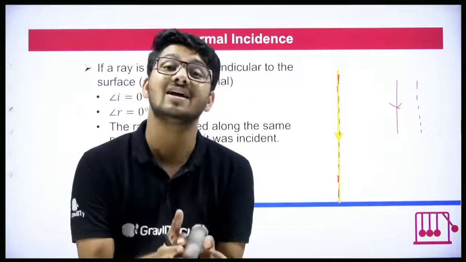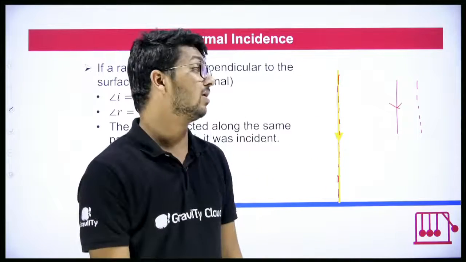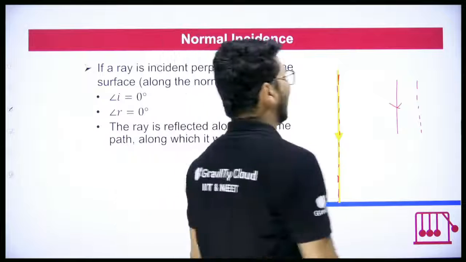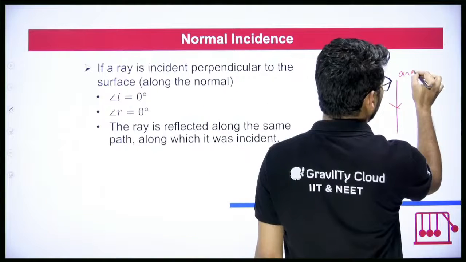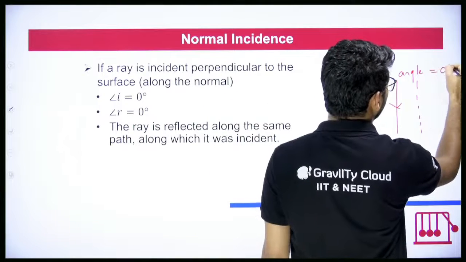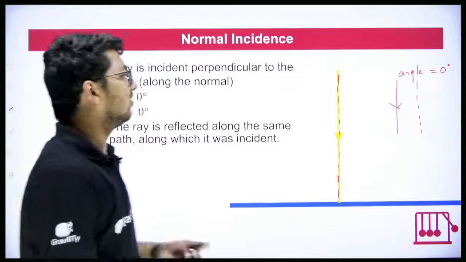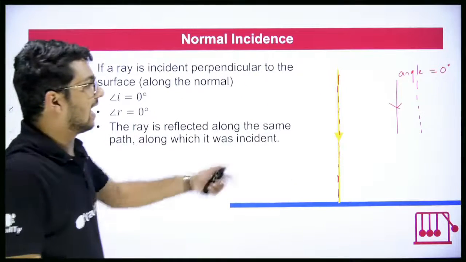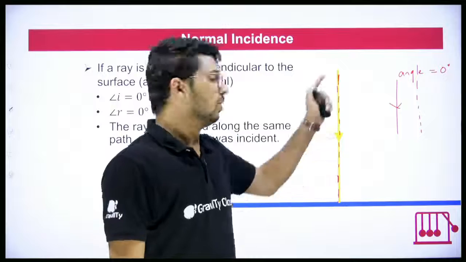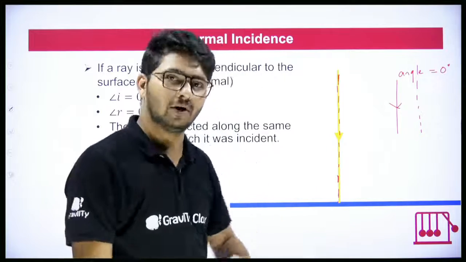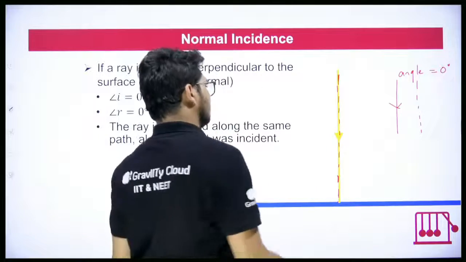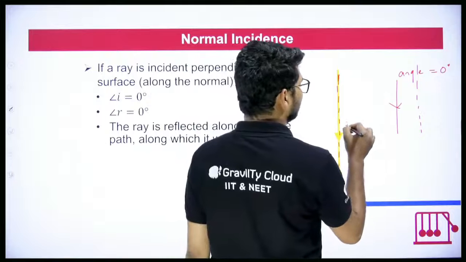They are parallel. Now what is the angle between them? The angle between them will be 0 degrees. So in the case of normal incidence, the incident ray coincides with the normal at the point of incidence. That means the angle of incidence is 0 degrees.